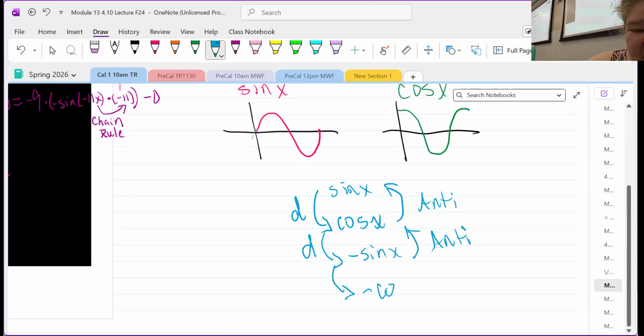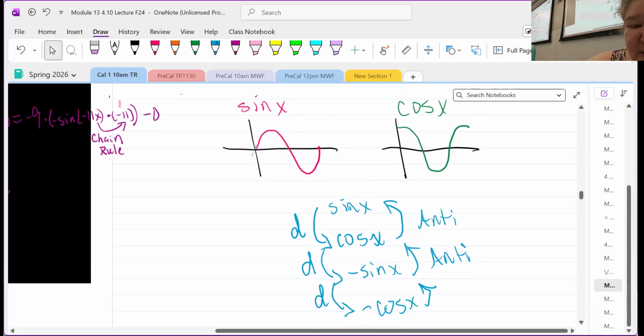Derivative of this would be negative cosine. And then finally, the derivative of negative cosine becomes negative negative sine, which is sine x. So that means the antiderivative of sine x is negative cosine x.